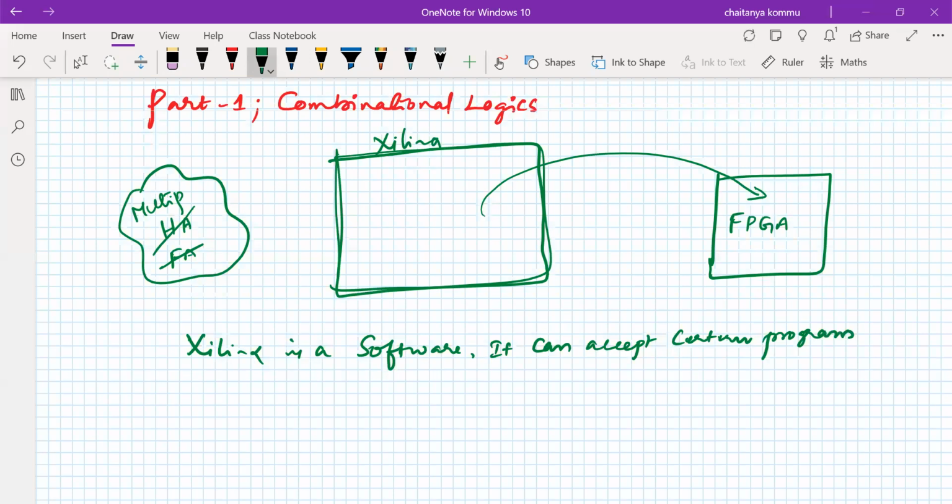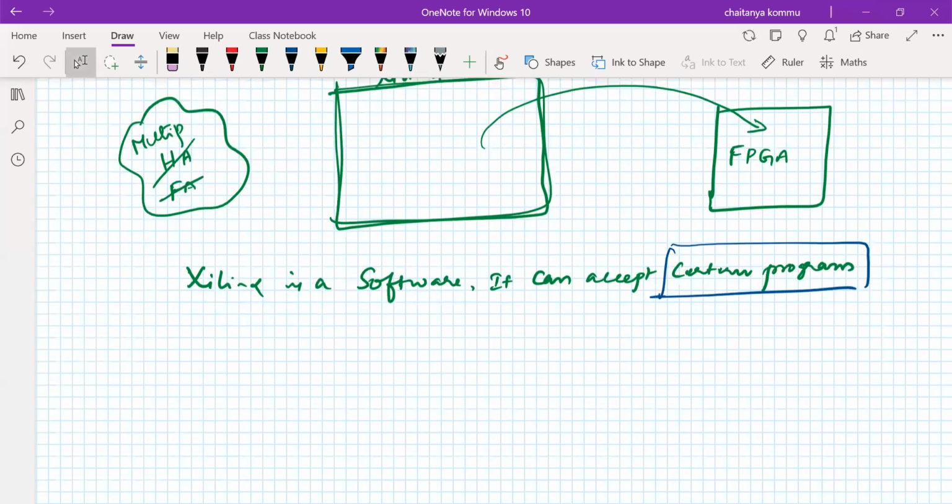What kind of programs can it handle? That's the important thing. The programming is actually hardware description languages, HDL. So HDL is the program that is accepted by the Xilinx software, so that the design will be dumped into the FPGA.